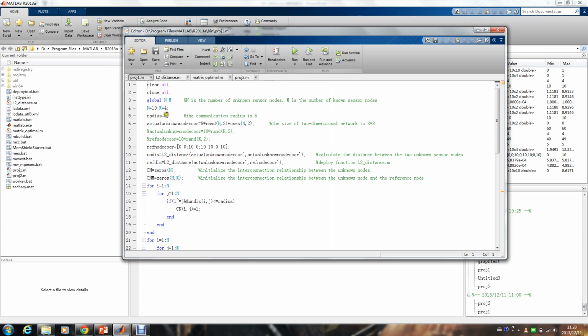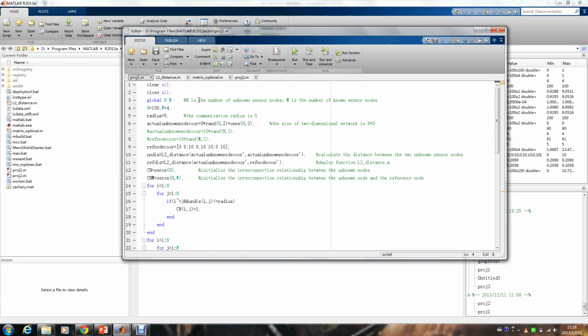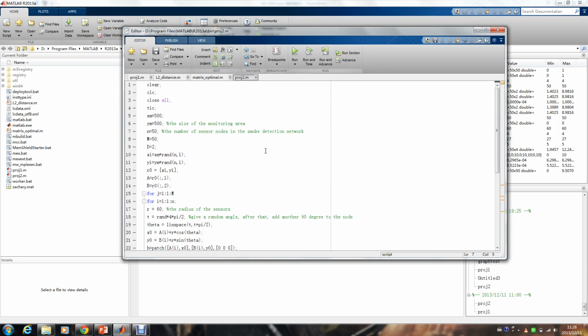And here I will show that when n is like 100, we can give the result, and when n is 50, here is the result.